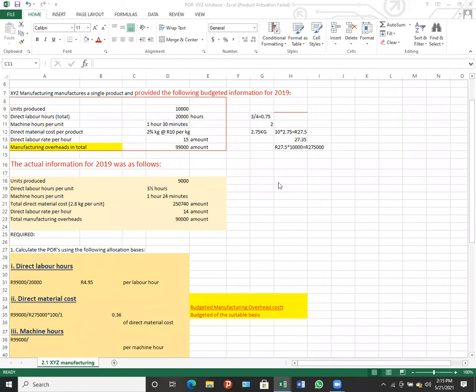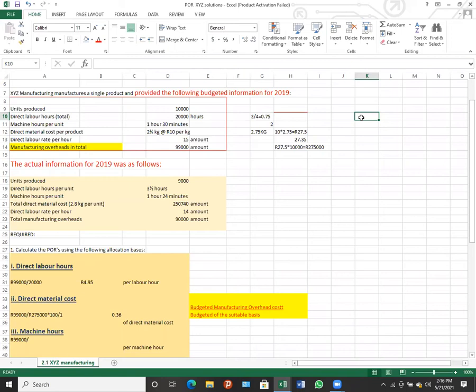For machine hours, we take the machine hours per unit, which is 1 hour 30 minutes. Then we multiply by 10,000. In short, we need to convert 30 minutes into hours. Correct.